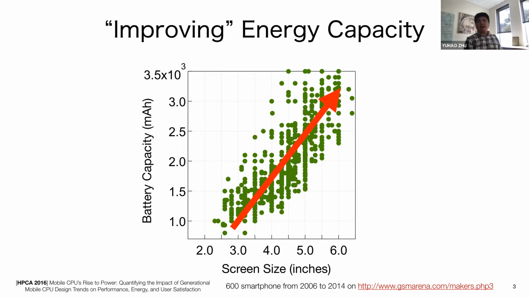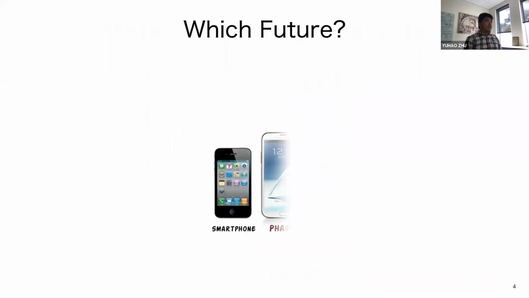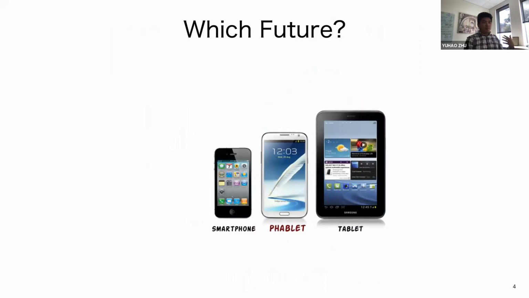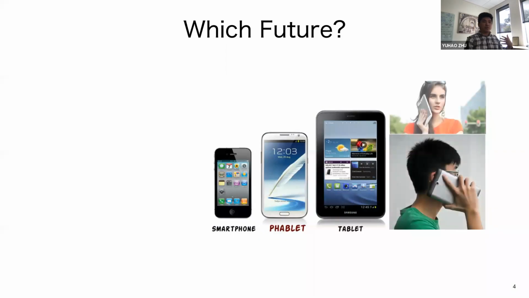As you can see, there is sort of a linear relationship, and that shows you that to increase battery capacity, you have to increase the size, the form factor of a mobile device. And that's why we've gone from smartphones to phablets to tablets, and things are getting bigger and bigger. So maybe in the near future we're going to be holding these giant devices 2 hours just to be able to talk to our friends.